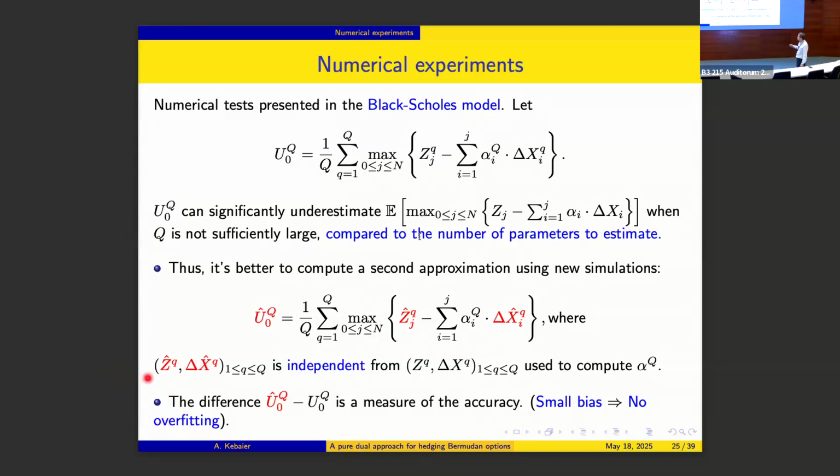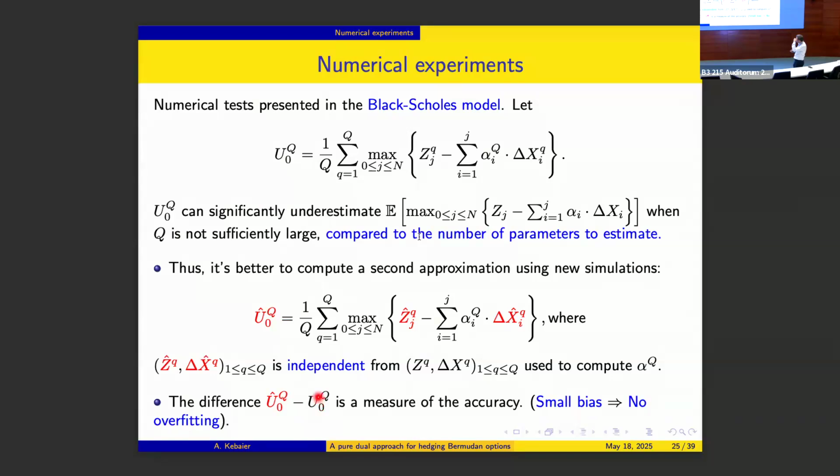Here, Z hat and delta X hat are independent from Z and delta X. So you can allow yourself to run with a huge sample size Q. Once you learn the alpha, when you are ready to trade, you can use a smaller sample size, and this is numerically really efficient, as you will see.